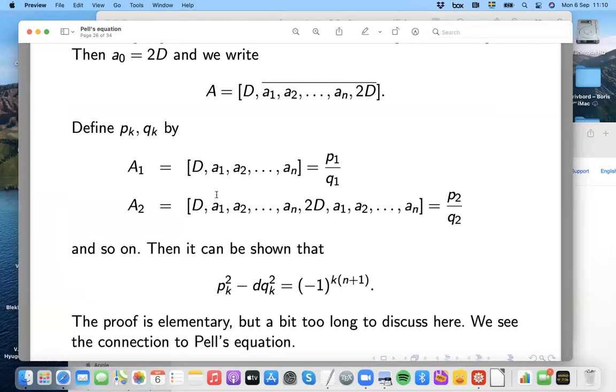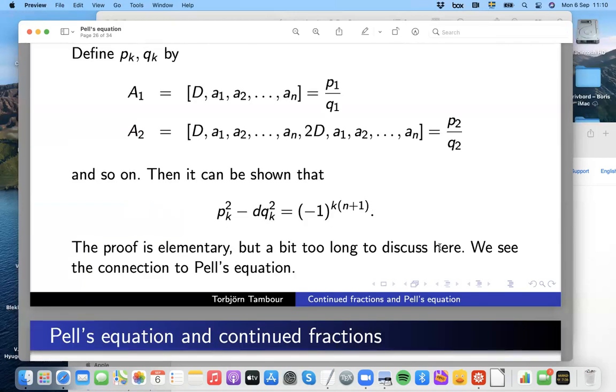And now we take the other number, which has the same beginning, and then we add 2D and then repeat a1 through an once again, and call this other rational number p2 divided by q2. We can continue: the next one, p3 divided by q3, would be the same with 2D appended and then the period itself.